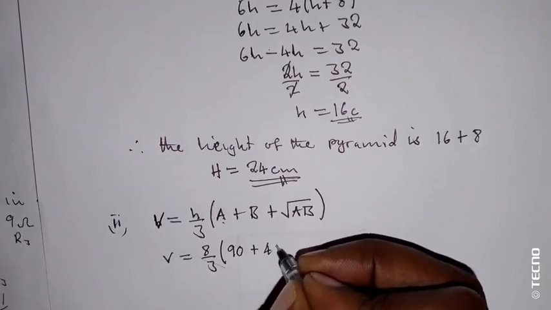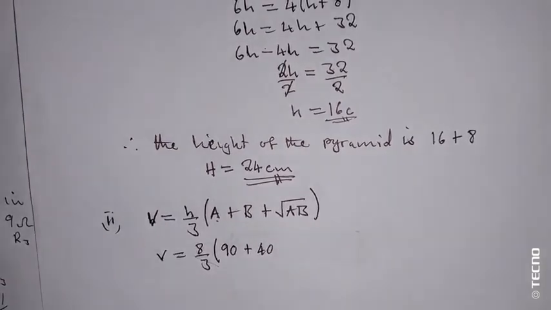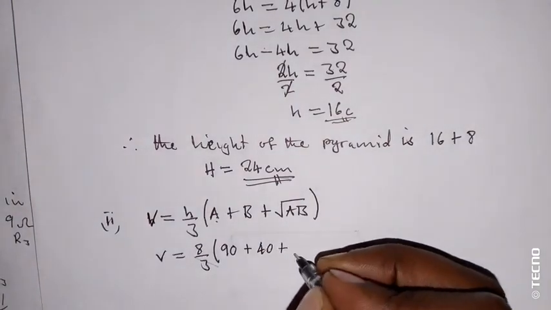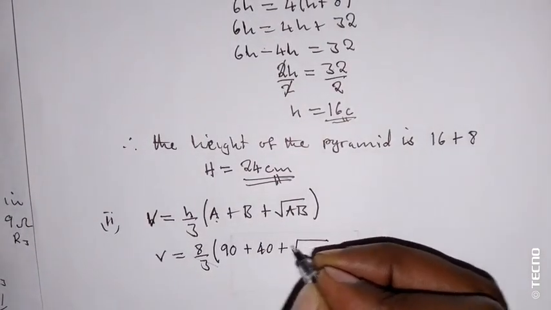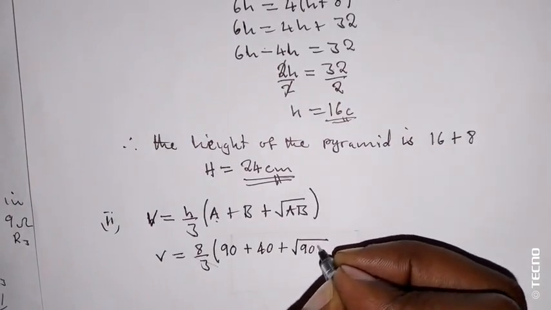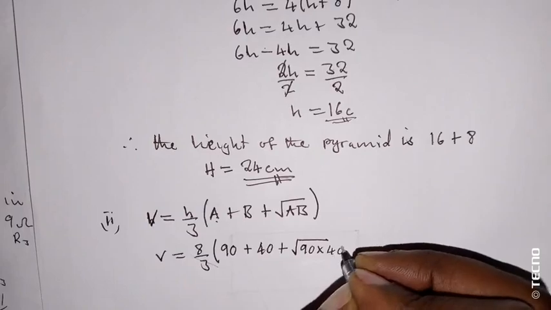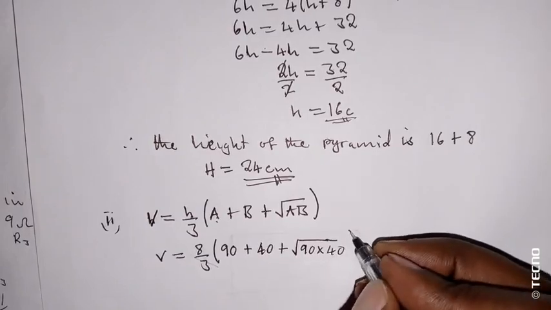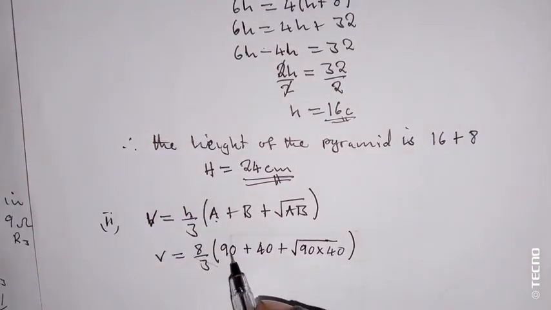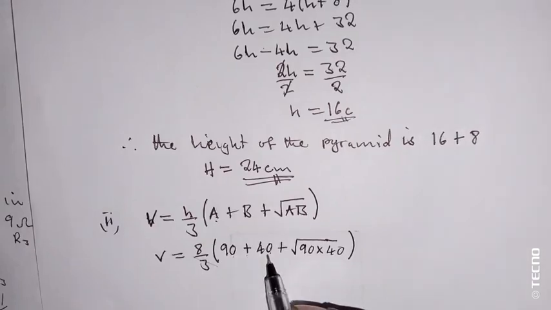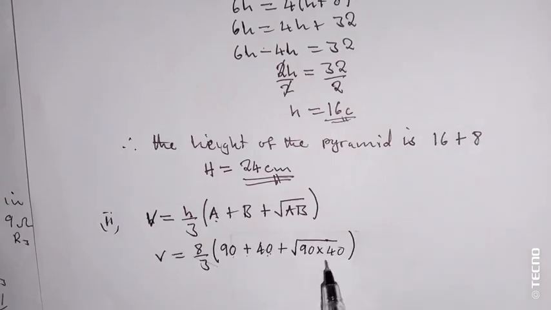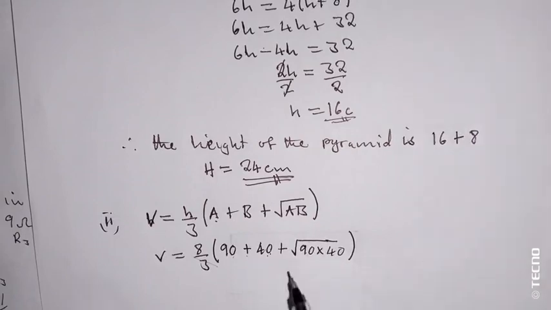So you say 40, plus again root A, 90 by 40, and then you close. So you can work out this. Once you have 90 plus 40, you are going to have 130. Then also you can compute this.